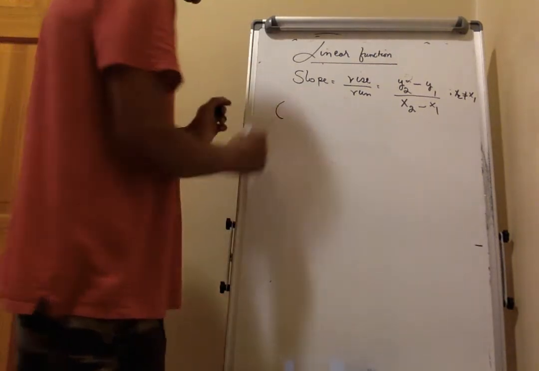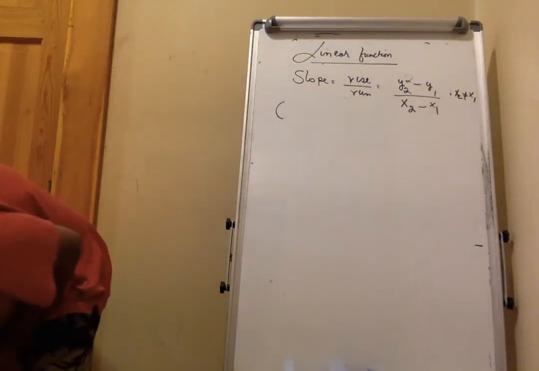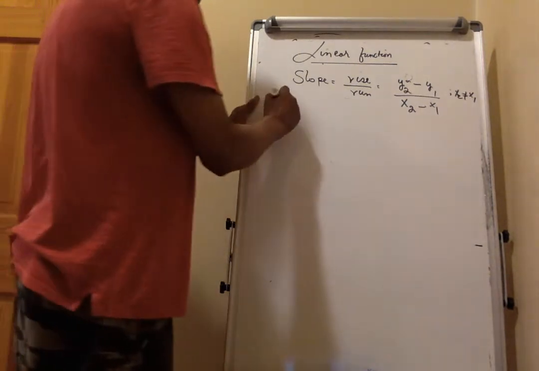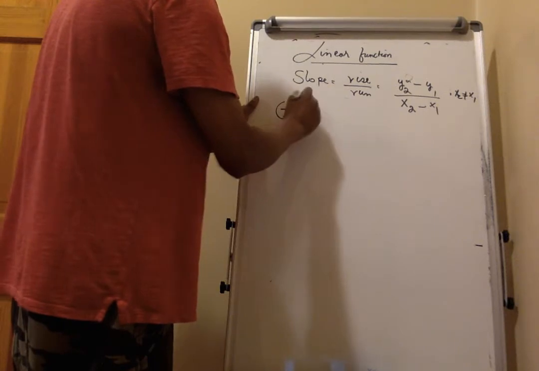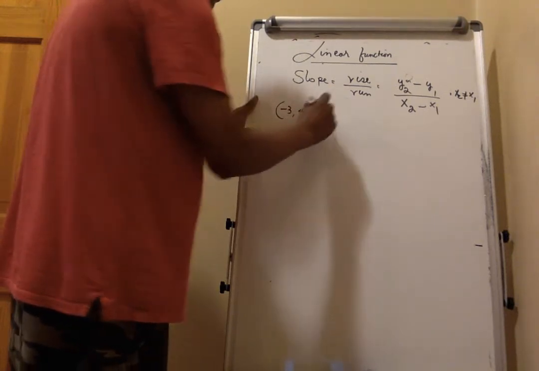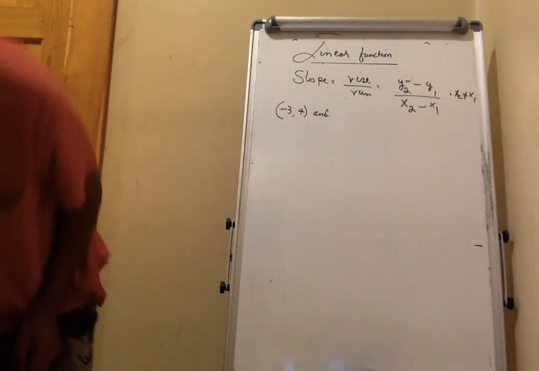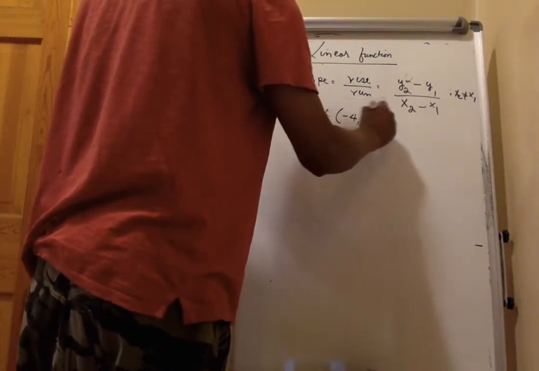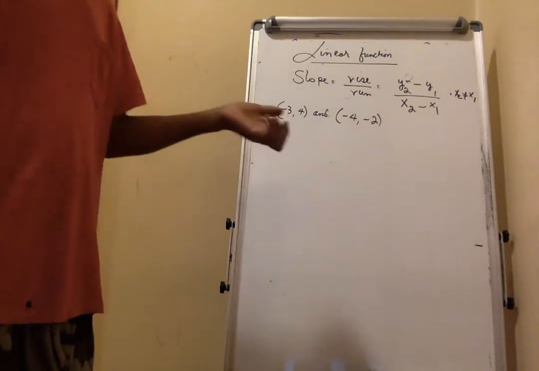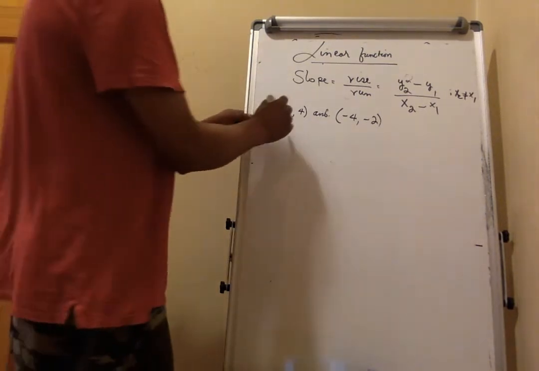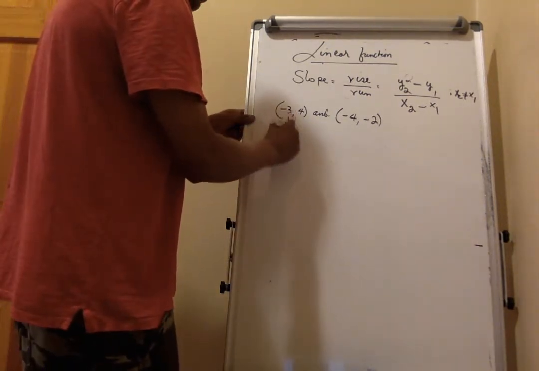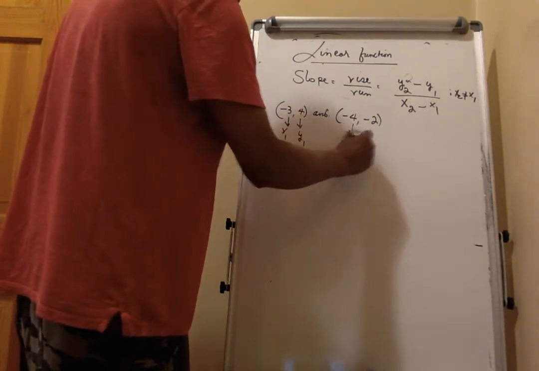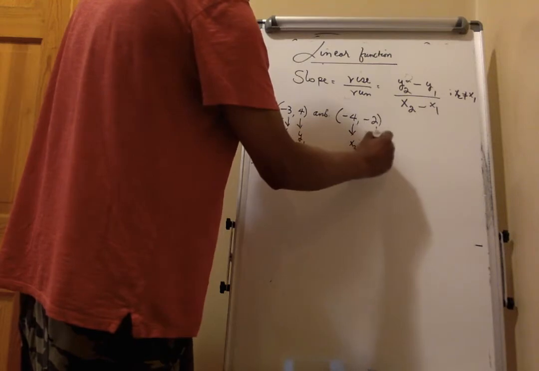So you have a pair of points: (-3, 4) and (-4, -2). And we are asked to find the slope. You know, these are ordered pairs. This is x1, y1, then x2, and y2.